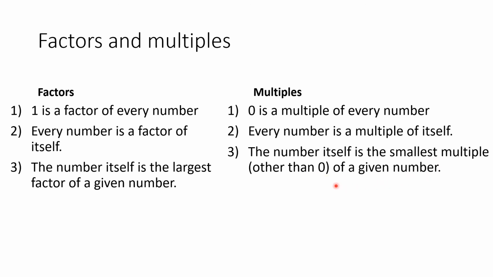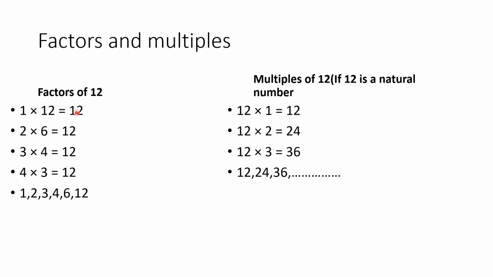If we leave 0, then 12 is the smallest multiple of the given number. See here, factors of 12. We can easily observe that 12 is the largest factor of 12. And here 12 is the smallest multiple of 12.